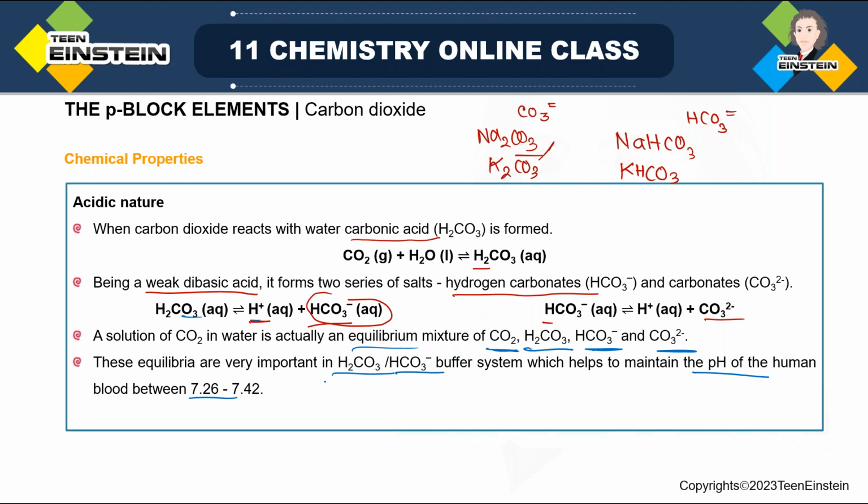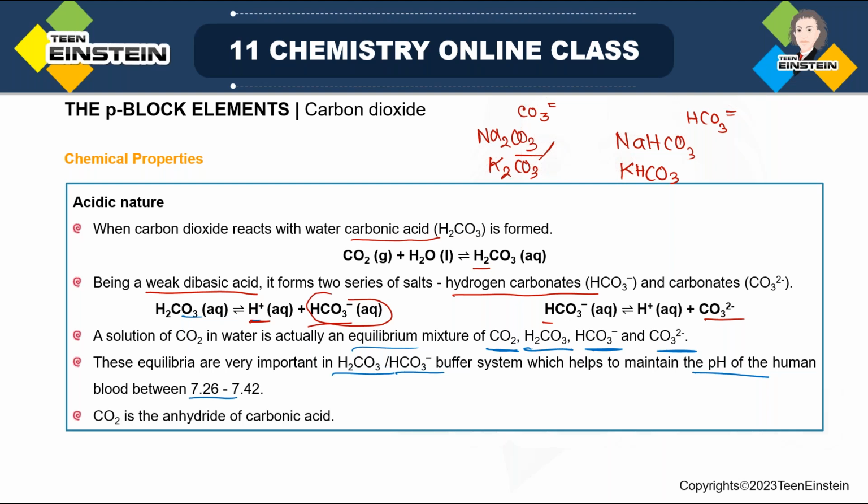And when it is enzyme catalyzed, particular pH maintenance is very important. If pH is not maintained, the enzyme cannot show its activity. So that is why pH maintenance is very important for those reactions, and this system actually helps us. This system remains in blood. Okay, so it helps to maintain the pH of human blood in this range.